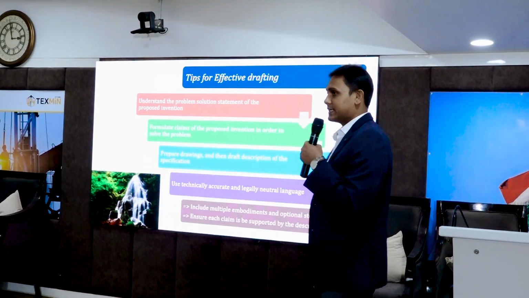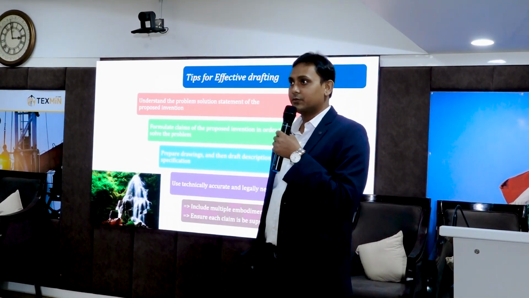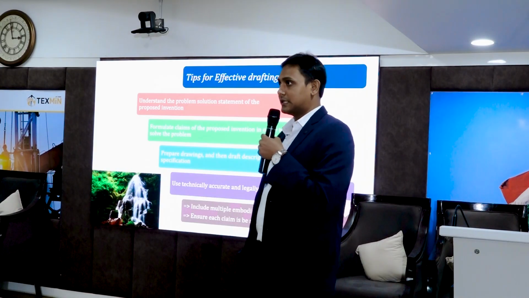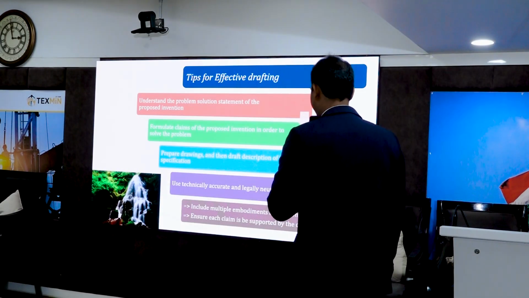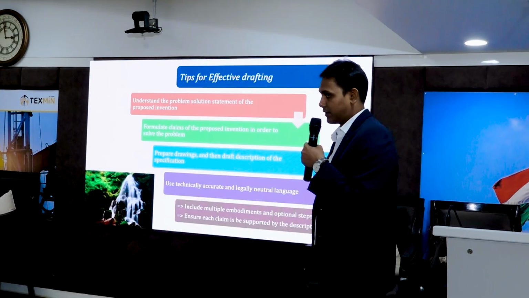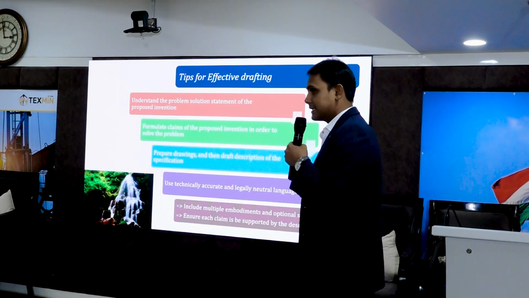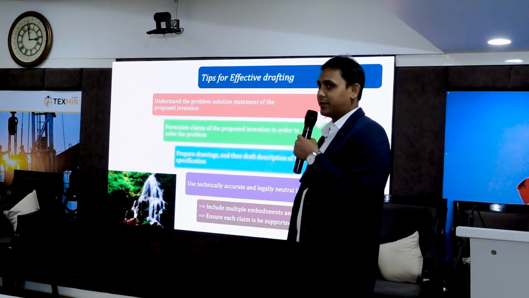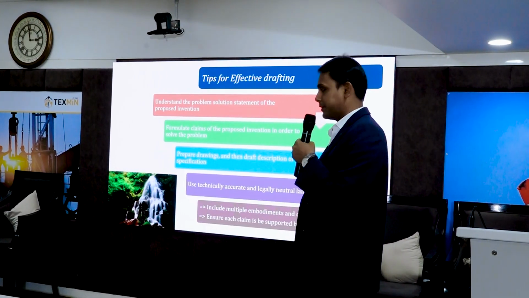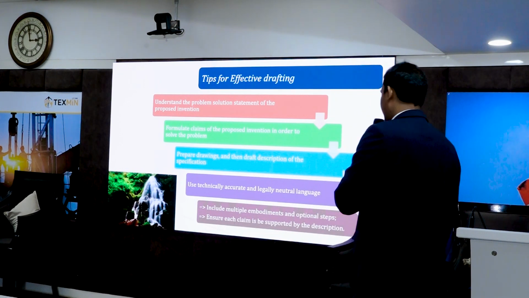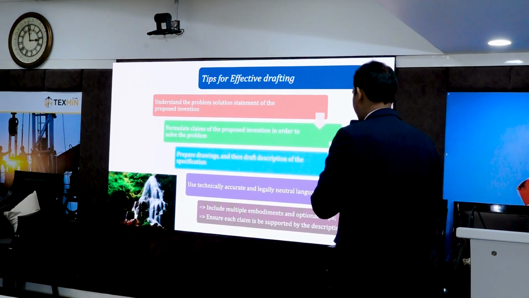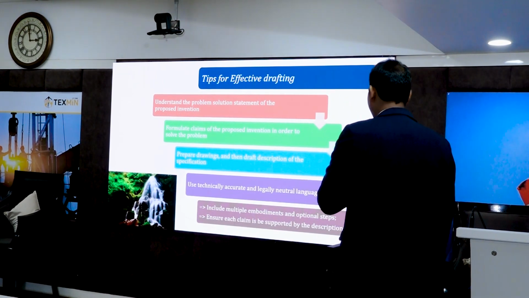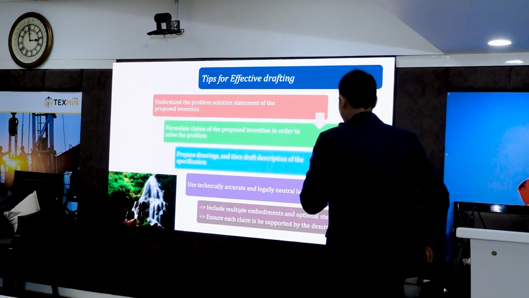Once the claims are finished, you have to prepare the drawings. If it is a mechanical part, obviously the drawing would be there, but if it is a computer-related invention, then you have to provide some block diagrams, and you can do that on your own. The fourth one is to use technically accurate and legally neutral language.